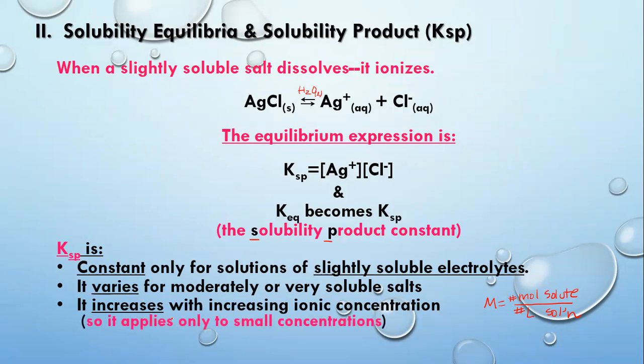So when we say that it increases with increasing ionic concentration, KSP, or the solubility product constant, will apply to very, very small concentrations, like the ones we're going to see in our examples today.